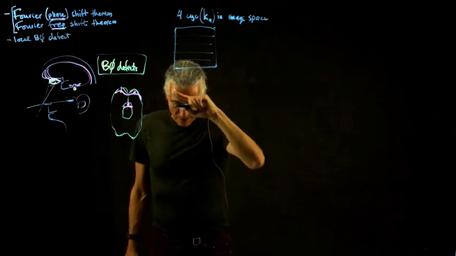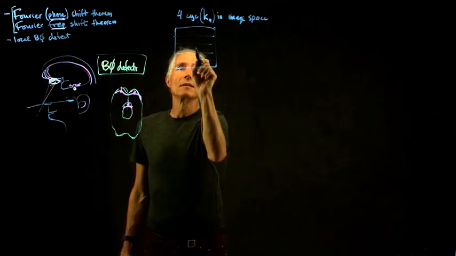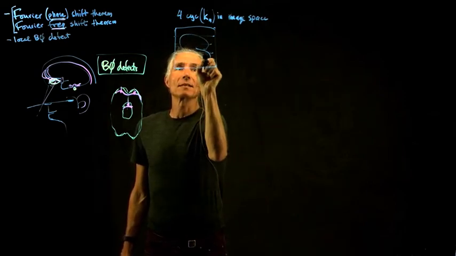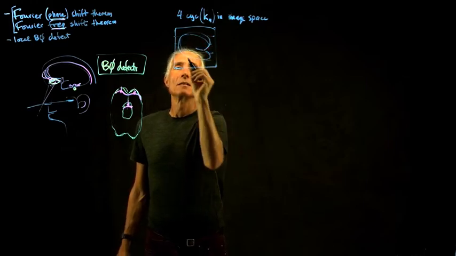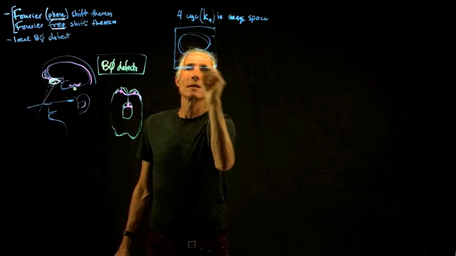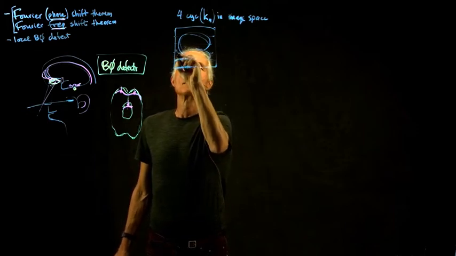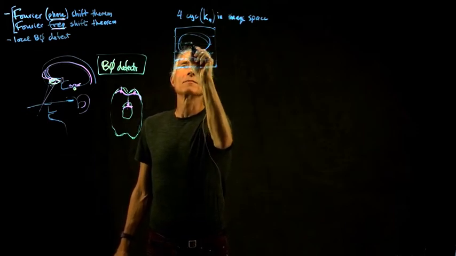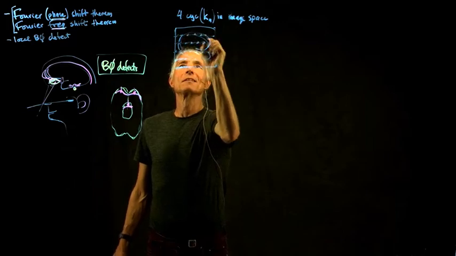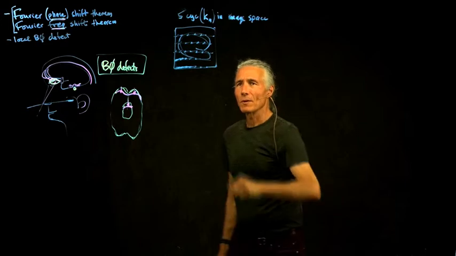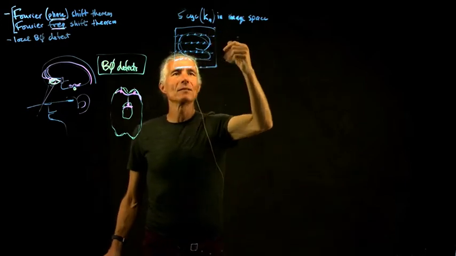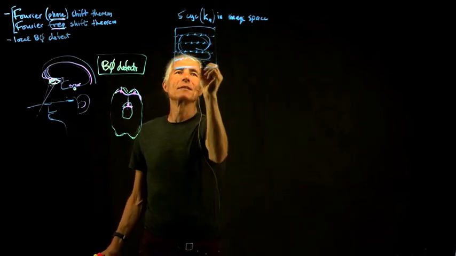There's a brain in there. So here's the brain. Remember, it's not K space. It's actual image space. So here are our 4 cycles... 5 cycles. Okay. So we wrapped up the spins by a factor of 5.